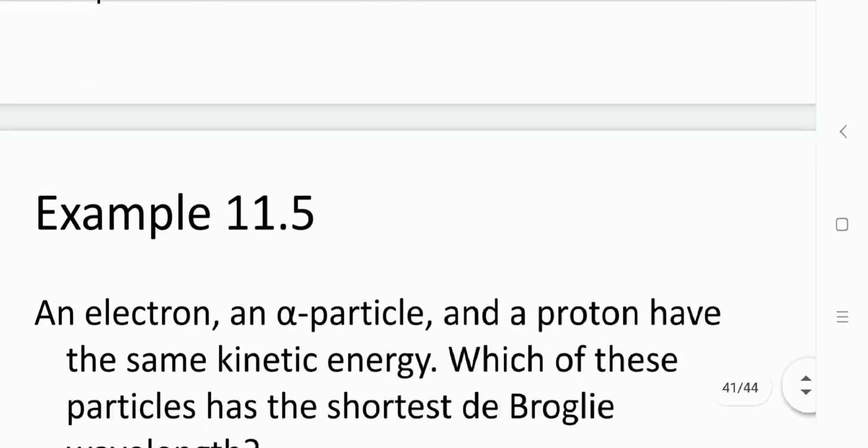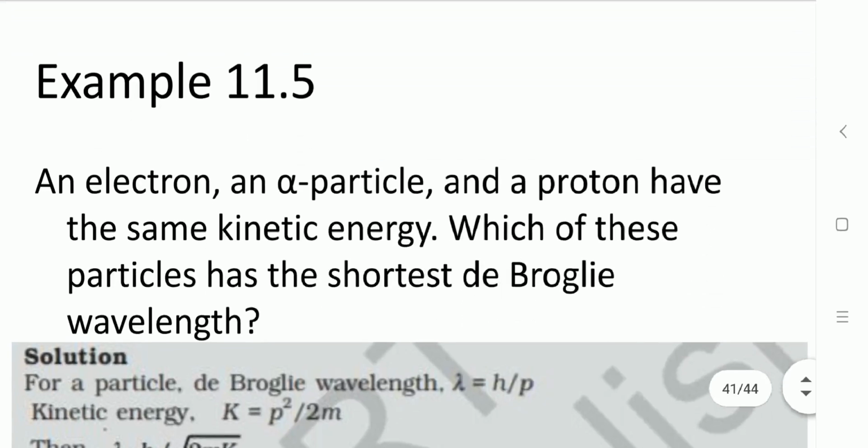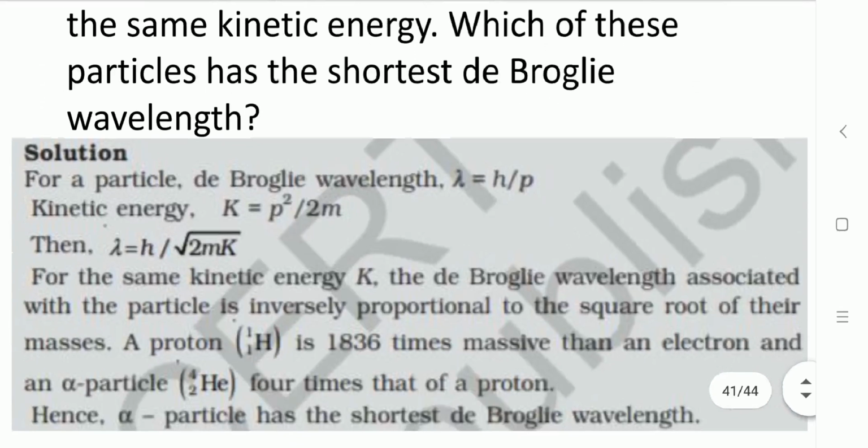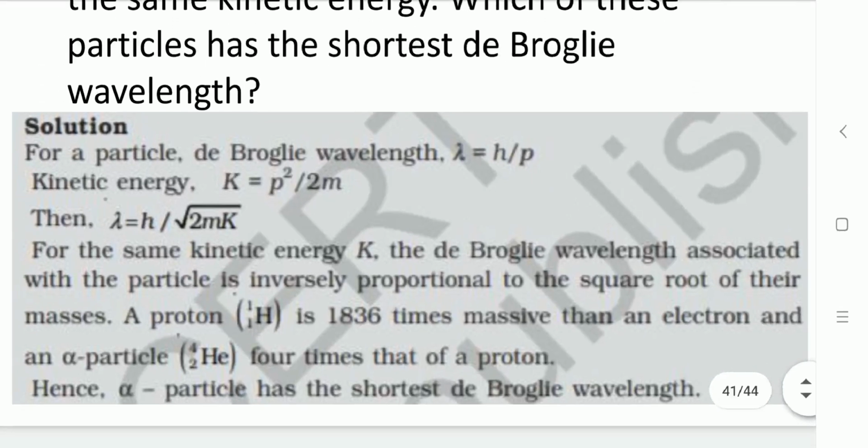The next example: an electron, an alpha particle and a proton have the same kinetic energy. Which of these particles has the shortest de Broglie wavelength? For a particle, lambda equals h by p. Kinetic energy k equals p square by twice m. So lambda, as we have already calculated, equals h divided by under root of 2mk.